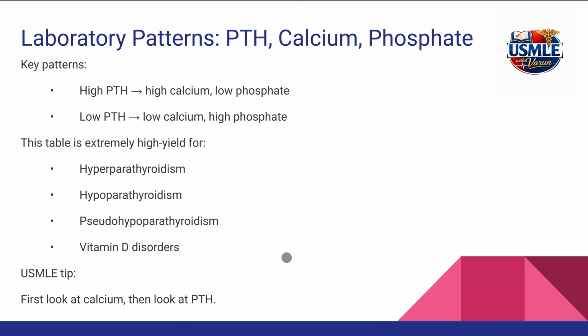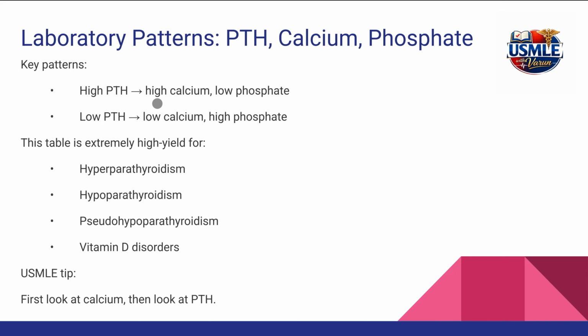So the laboratory patterns in case of parathyroid hormone conditions include: high PTH causes high calcium and low phosphate, whereas low PTH causes low calcium and high phosphate.